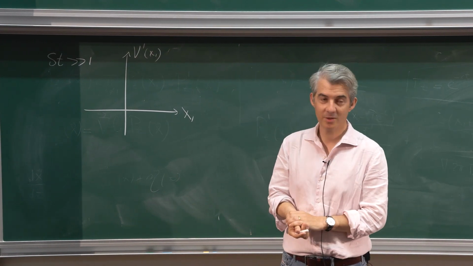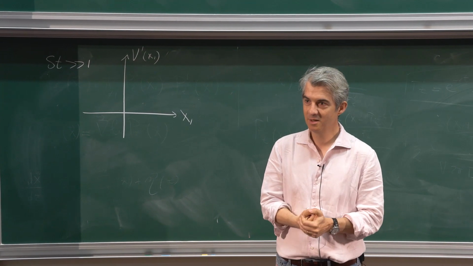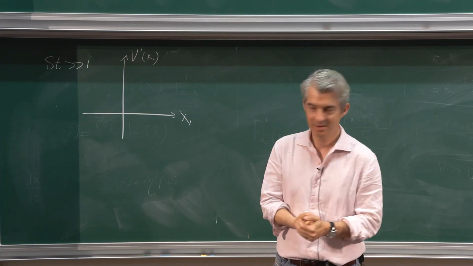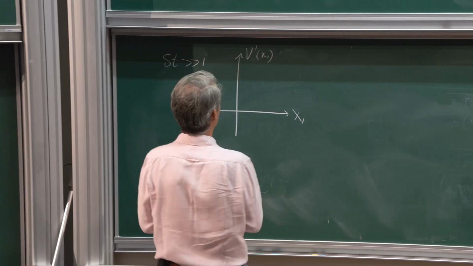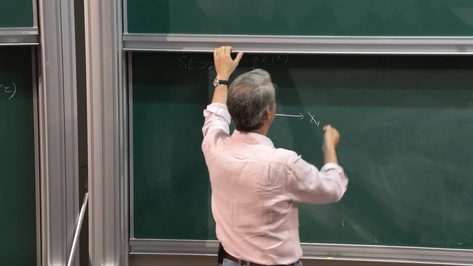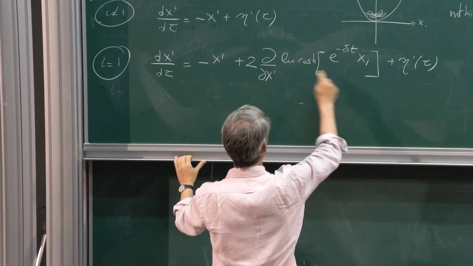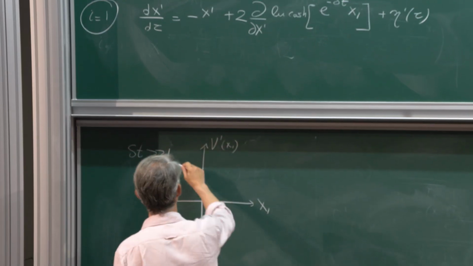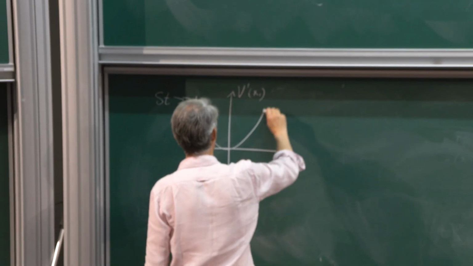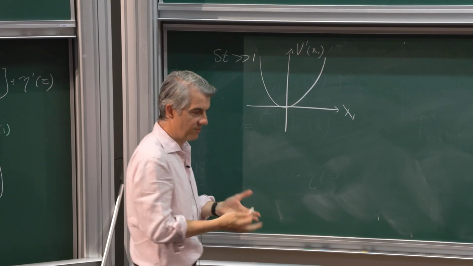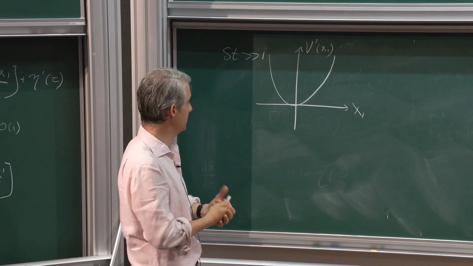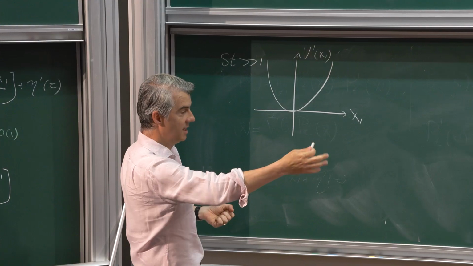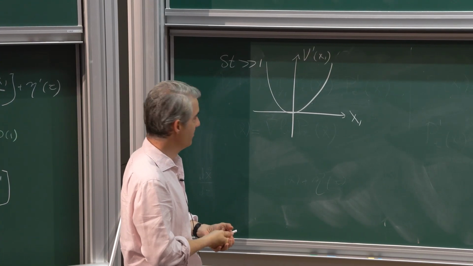As delta t goes to infinity, this goes to 0, so this is equal to 1, you take the log, that's 0. So you just get a potential which is like this, just Gaussian, and nothing is happening when you are at the very beginning of the backward process.